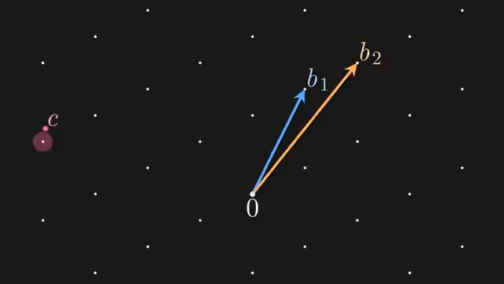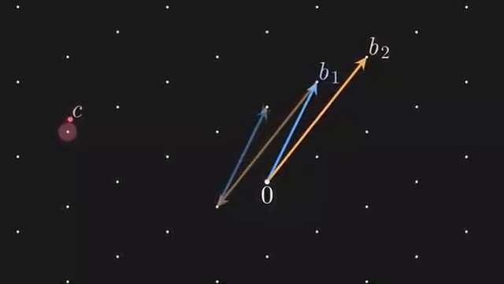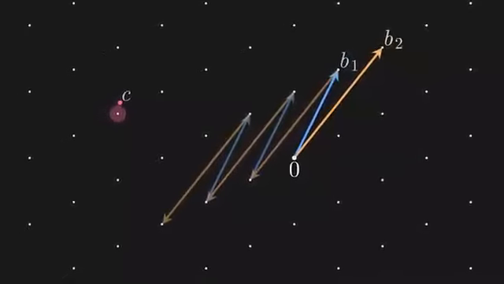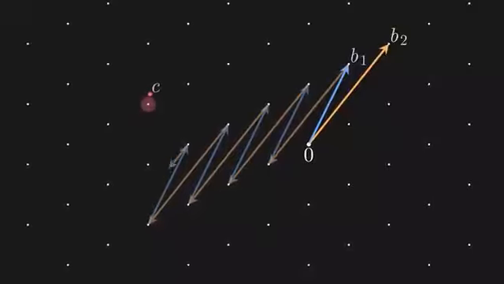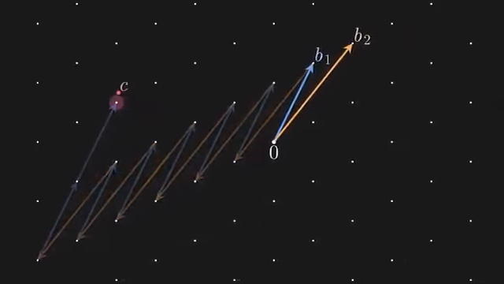Each time we're taking a step, we're trying to get closer in either the x or y direction. But with the b vectors, each time we take a step in the right direction with one vector, it puts us off in the other direction. And that's why these vectors are a lot harder to work with. In the end, it takes us a combination of 8 times b1 and negative 6 times b2 to get to the closest lattice point. That is a lot harder than before, but it's still a relatively easy problem to solve.